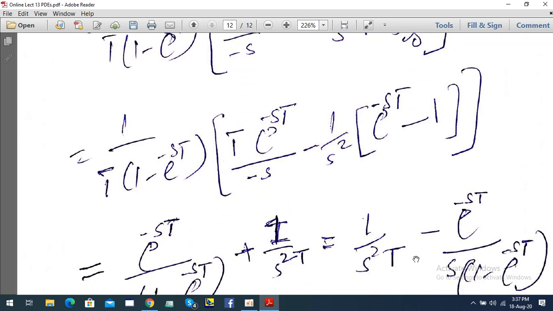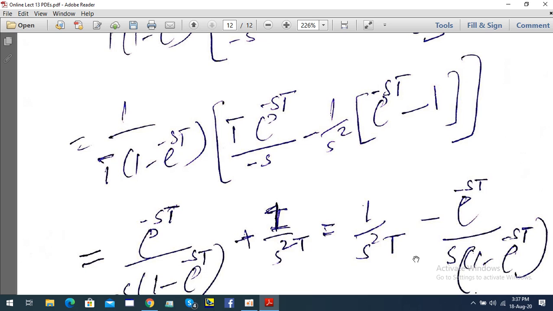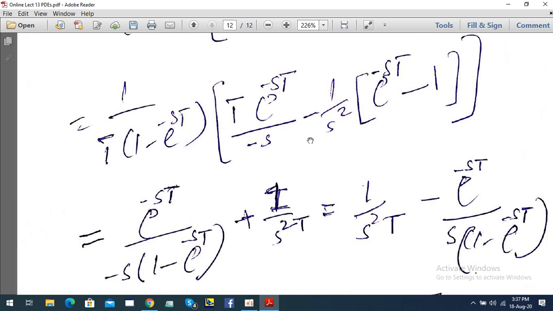So you can see we can take minus common from this, so it will become plus, and multiply this into the bracket.